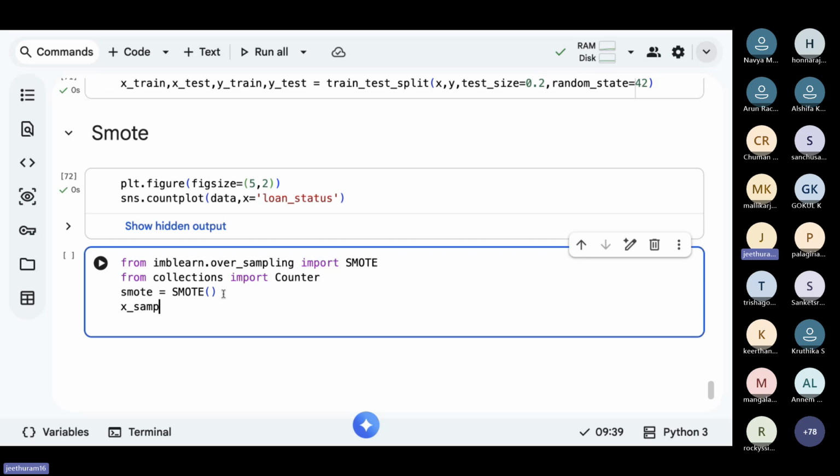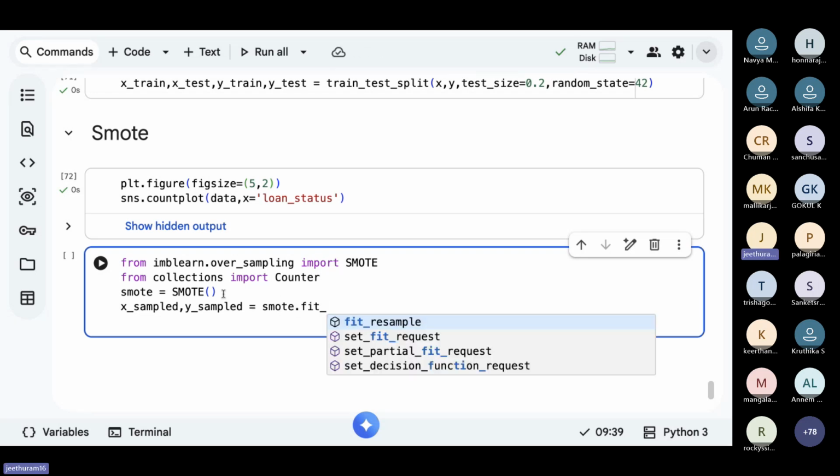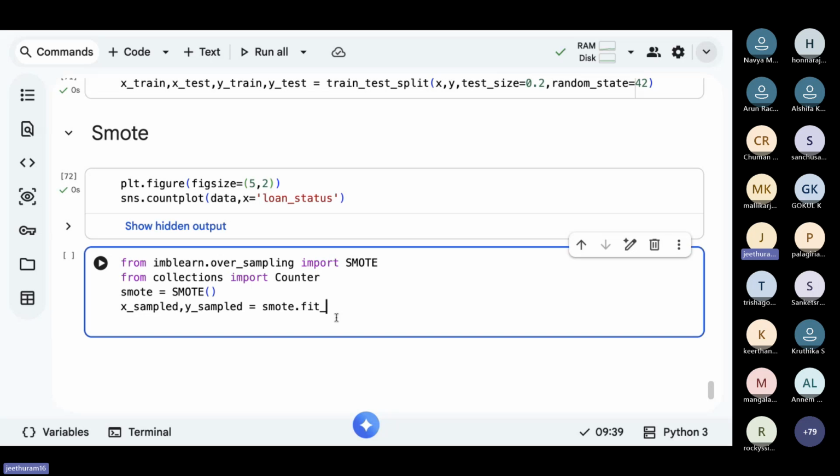So I'll be calling X_sampled, y_sampled equals smote.fit_resample. It's a sampling, so it should be resample. You have to pass your X_train, y_train.